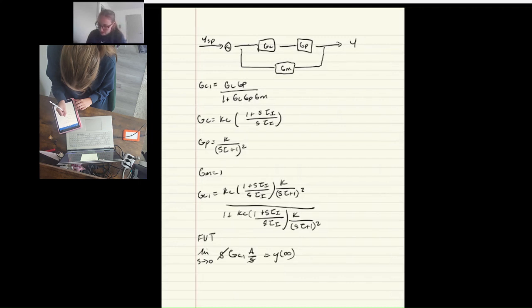So now we're just going to look at this GC1 function, and these are just going to go to 1 here, 1 here. So now we can rewrite this.